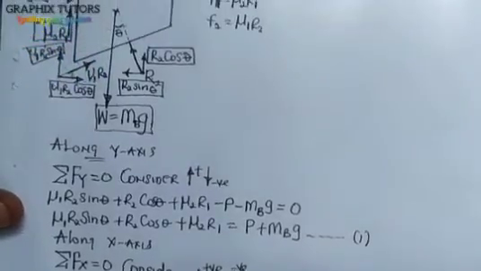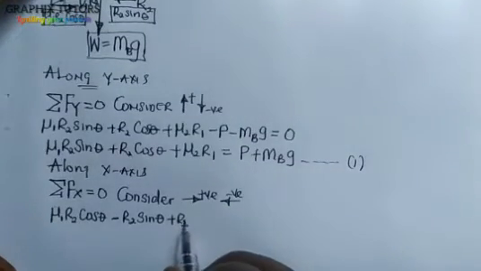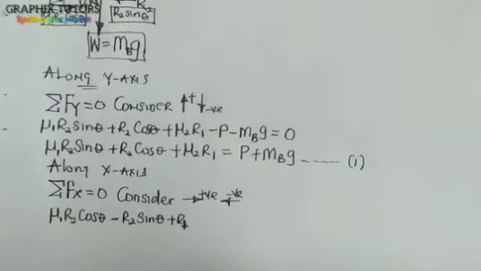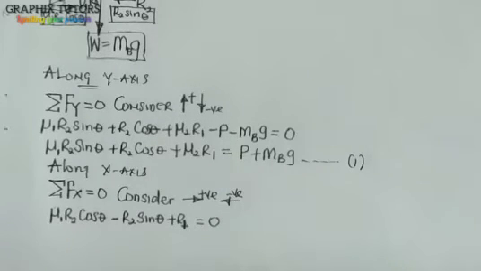It is not R2, it is R1, so let's correct that. So if we move forward, we have mu1 R2 cos theta minus R2 sin theta plus R1, equals to 0. These are the three horizontal forces that we have there.